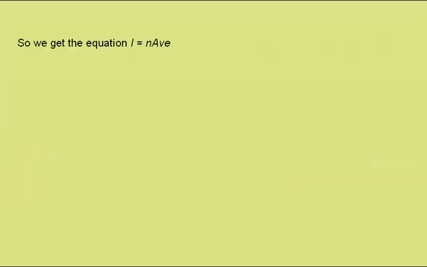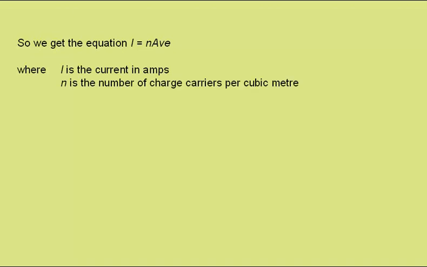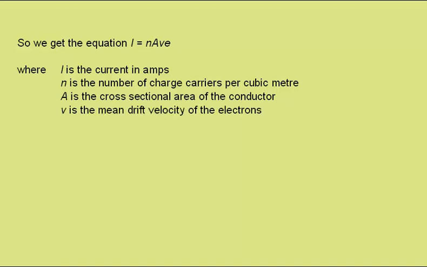So this leads us to the equation I = nAve, where I is the current in amps, n is the number of charge carriers per cubic meter, A is the cross-sectional area of the conductor, v the mean drift velocity of the electrons, and e the charge on the electron, the magnitude of which is 1.6 × 10^-19 coulombs.